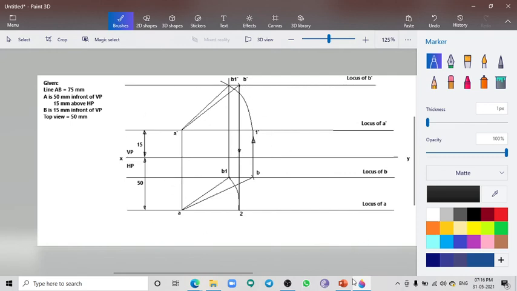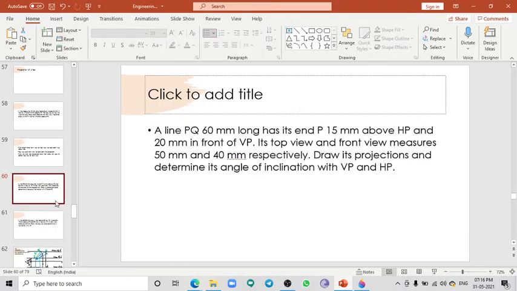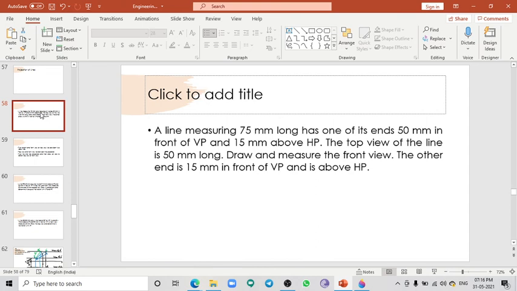Okay, in the question, what they have asked is this: we have to draw and measure the front view. We have to measure the distance of our front view line. So if I measure the distance, it will come to around 60 mm. Okay, so this is the sum.